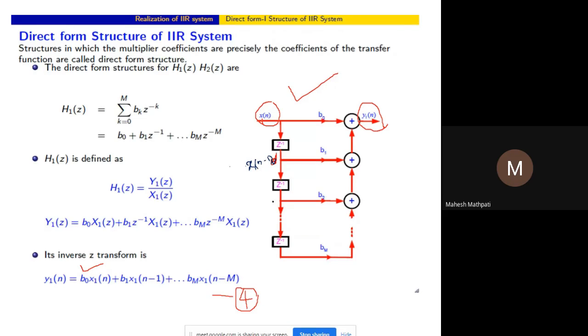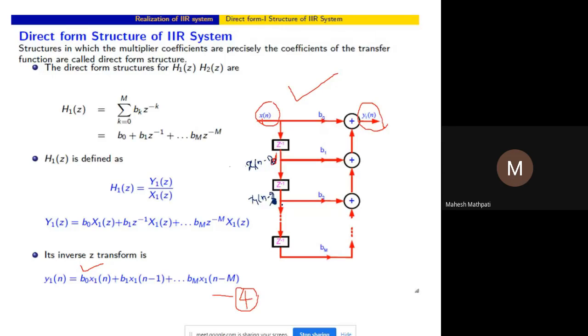The next, at this point, what will be the output? Anybody? Can anyone tell me the answer here? If I pass this x1 of n minus 1 through this delay element, what will be the output at this point? x1 of n minus 2. Yes, it is x1 of n minus 2 here.